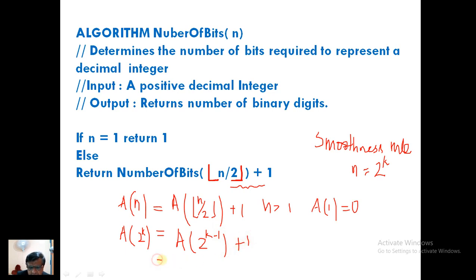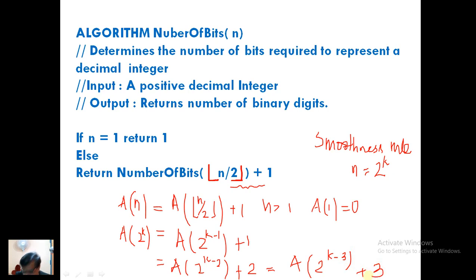So we will take on backward substitution. This will become a of 2 to the power of k minus 2, plus 1 plus 2. Yes, the 1 is already there. If you go further, it is a of 2 to the power of k minus 3, plus 3.